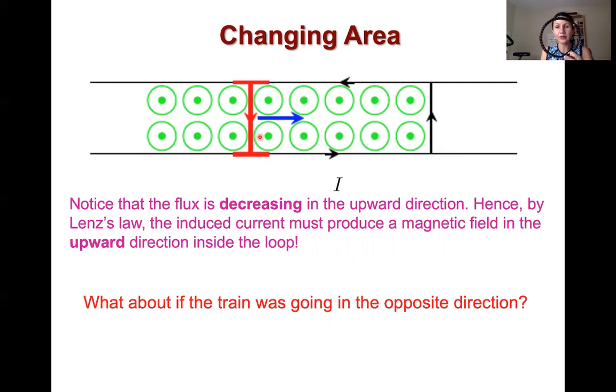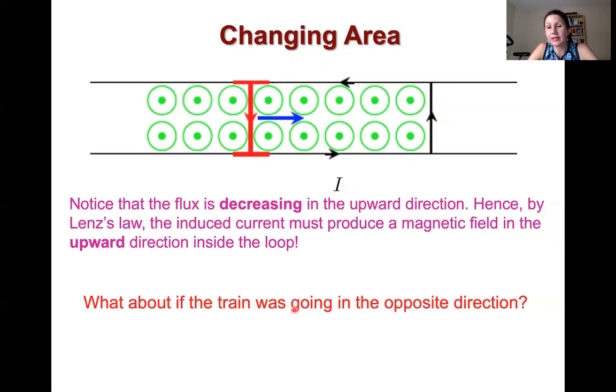So for the right-hand rule to work, my thumb has to point in this direction, and my fingers curl so they point toward me inside the loop. Then my current, as I'm looking at it, is going counterclockwise. As you see, that is the case here. So there will actually be an induced current in this situation.